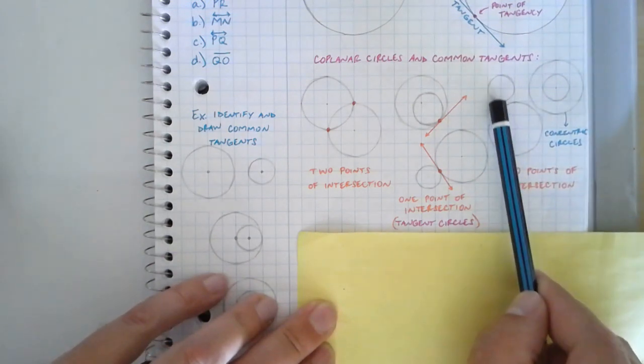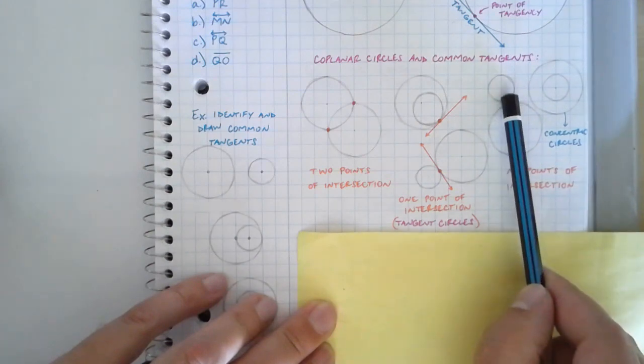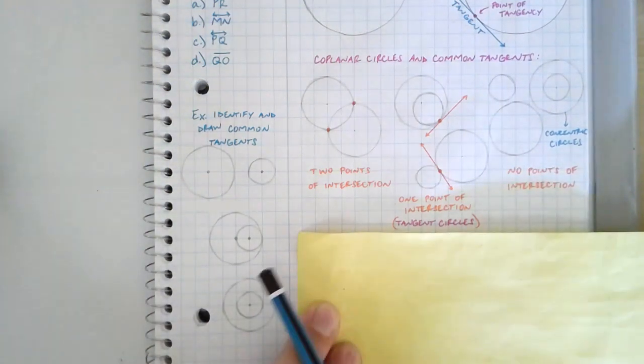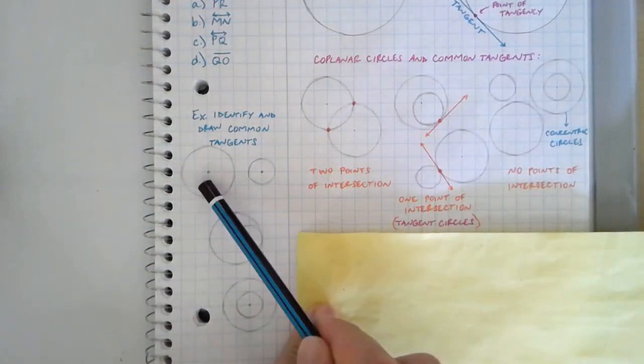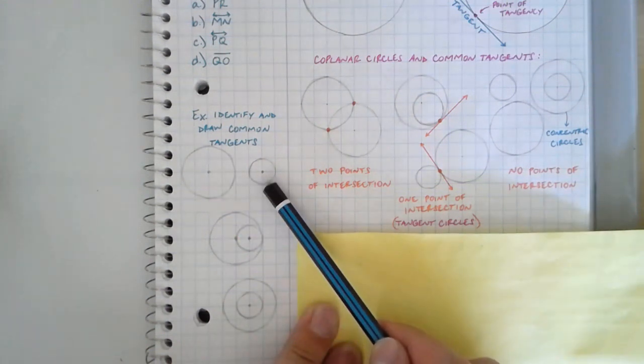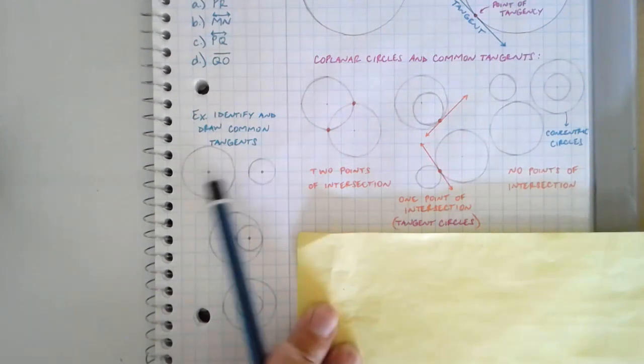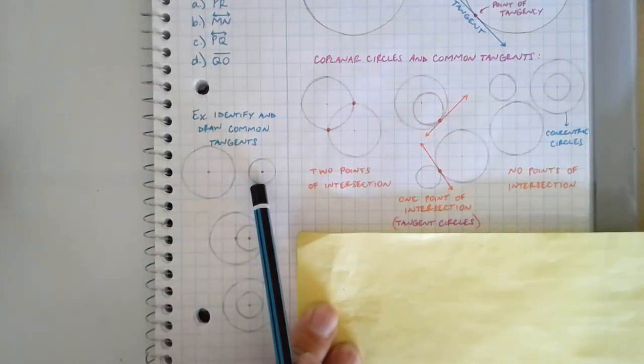Things get a little weird when I have two circles completely separate from each other. So for this, I'm actually going to refer to what I have here in the margin. I'll show you the solution sheet, which is uploaded now on Google Classroom if you want to take a look, for what happens when I have two separate circles. There are actually going to be 4 common tangents.